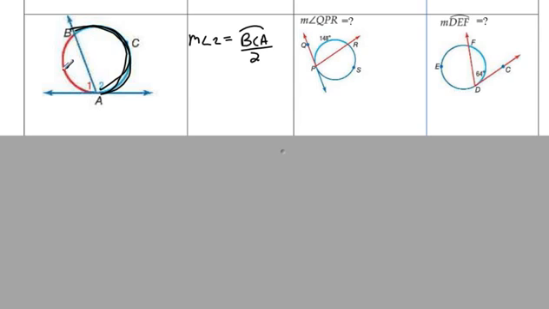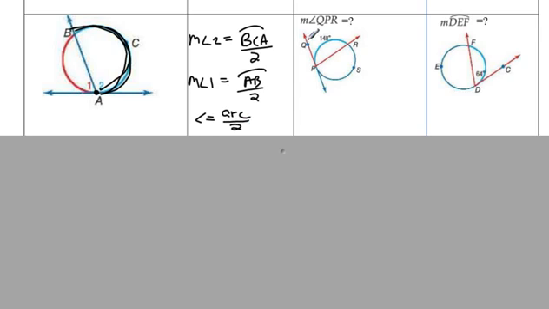And the measure of angle 1 will just be arc AB divided by 2, because it's an inscribed angle with the vertex on the circle. So I guess our overall formula is that angle equals arc divided by 2.